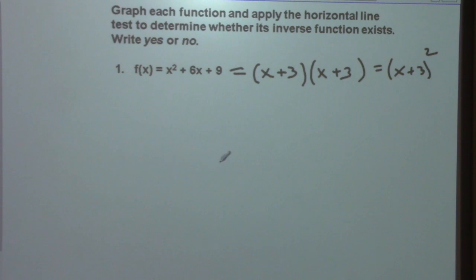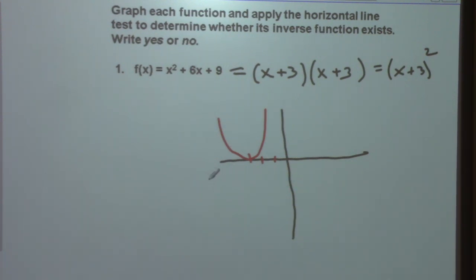And so when we graph that, what is it going to look like? It's going to move over to the left 3, right? Anybody graph it in the calculator yet? If you did, this is what you saw, right? And so is this going to pass the horizontal line test?